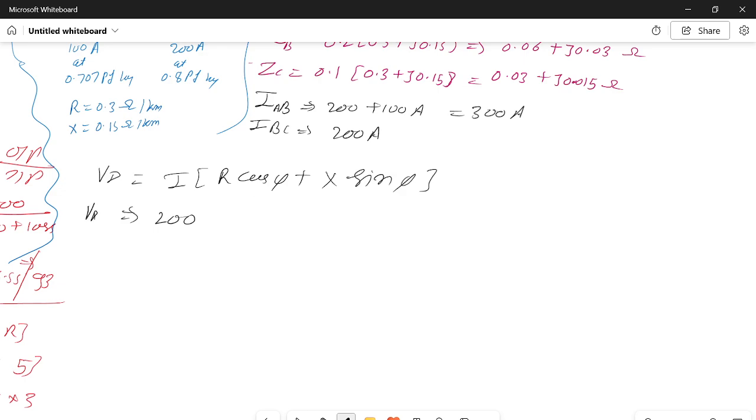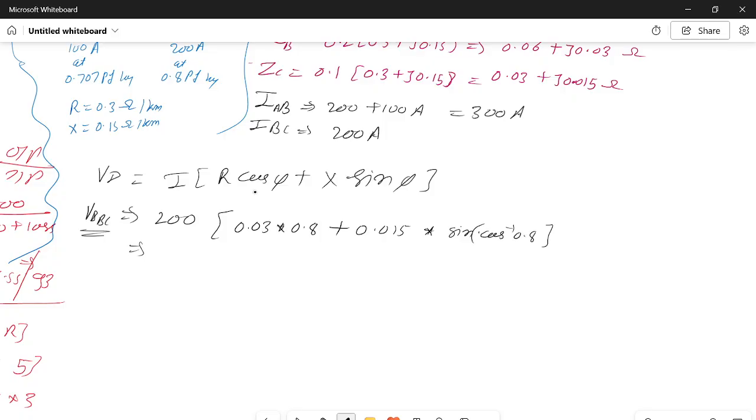Voltage drop between B and C: 200 into (R is 0.03 into power factor 0.8, plus X is 0.015 into sine of cos inverse of 0.8).